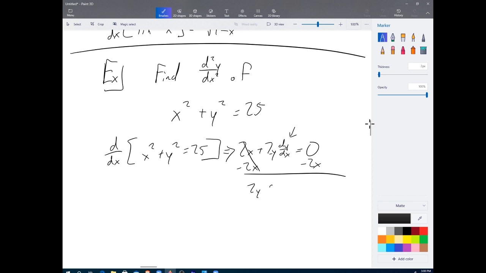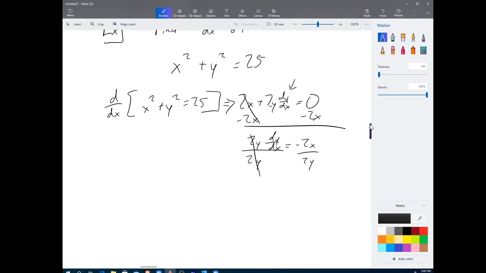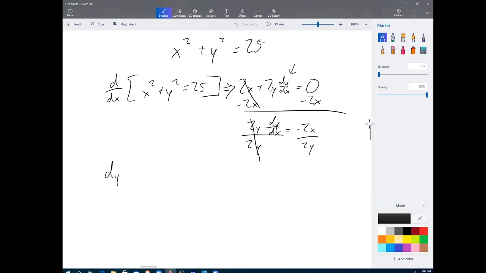So 2y dy/dx equals negative 2x. Divide by 2y, and we end up with dy/dx, or the first derivative, is equal to negative 2x over 2y, or in other words, negative x over y.